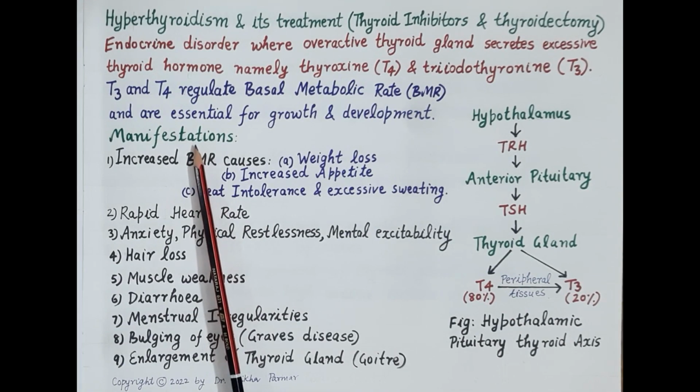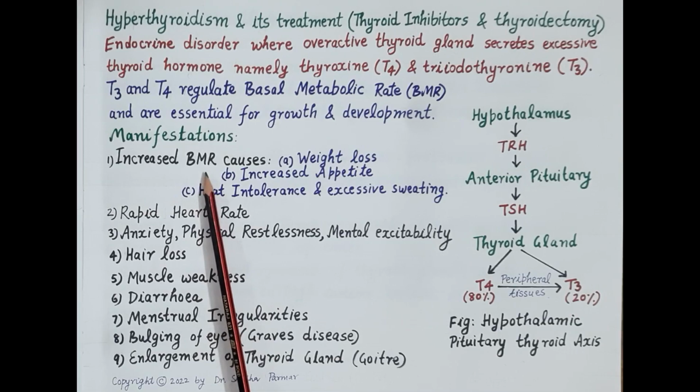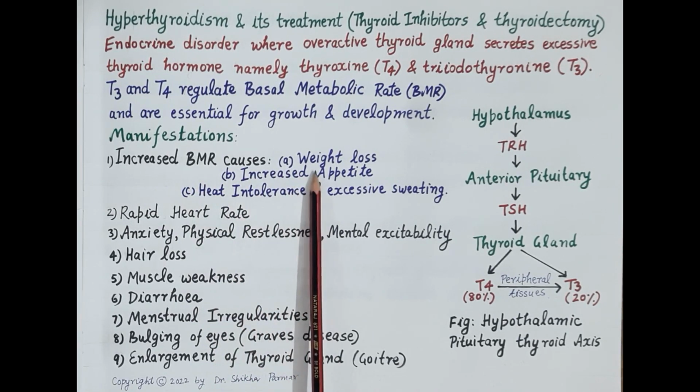Now let's discuss signs or manifestations of hyperthyroidism. As the thyroid hormones regulate basal metabolic rate, that is BMR, BMR increases in hyperthyroidism. Excessive rise in BMR causes increased breakdown of calories in the food, causing weight loss and increased appetite.